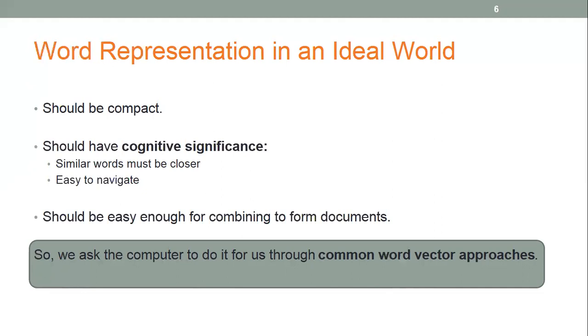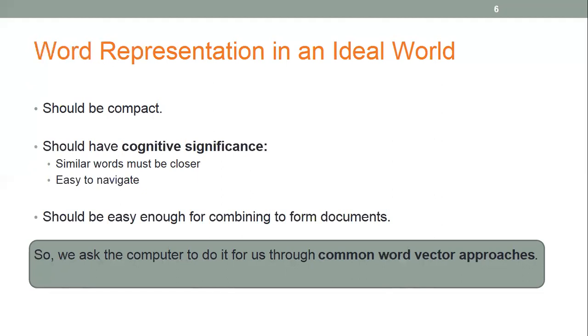If we have a good representation of the word, but we cannot combine two or four of those words together to form a phrase, that representation cannot be scaled up for the computer to understand the entire text. So that is the ideal representation.